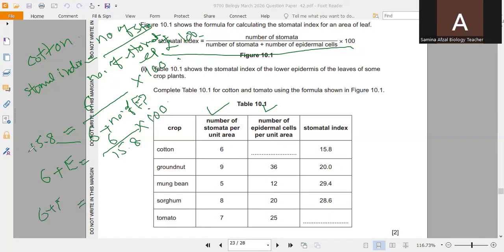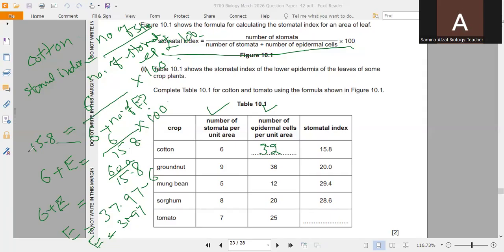So 6 plus E is equal to 600 divided by 15.8, then E is equal to 37.97 minus 6, which is nearly equal to 31.97, and we can write 32 over here.